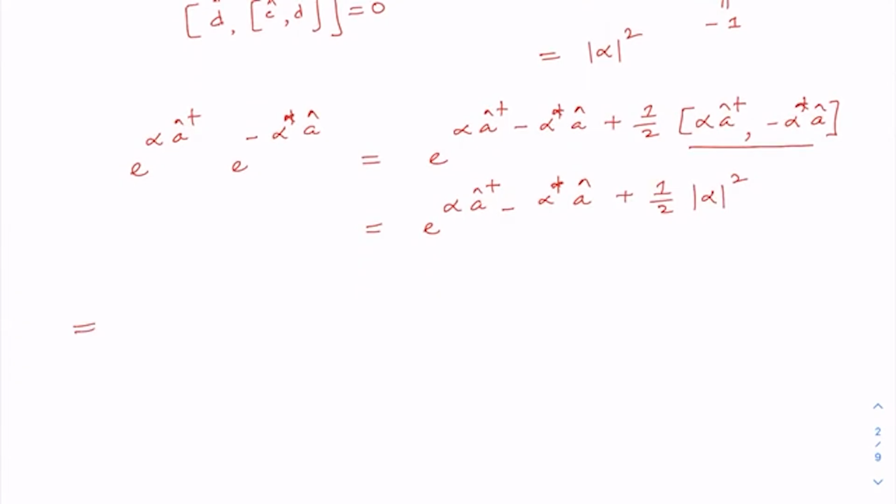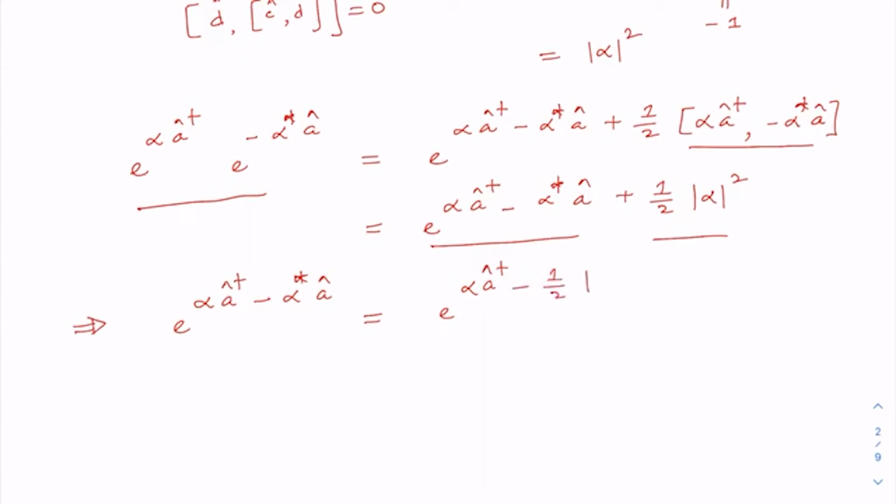Taking this part to the left hand side, I can write e to the power alpha A dagger minus alpha star A is equal to e to the power alpha A dagger, then e to the power minus half of mod alpha square, and e to the power minus alpha star A.